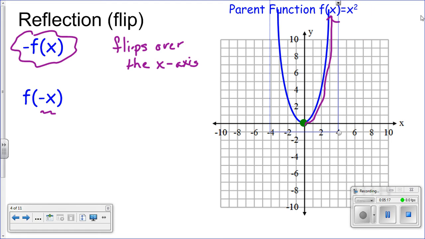So look at that, it looks like nothing happened. The reason it looks like nothing happened is this image is symmetrical. So this actually flips over the y-axis, and it looks like nothing happened because it's symmetrical.